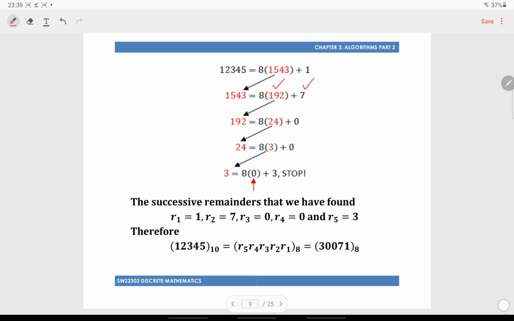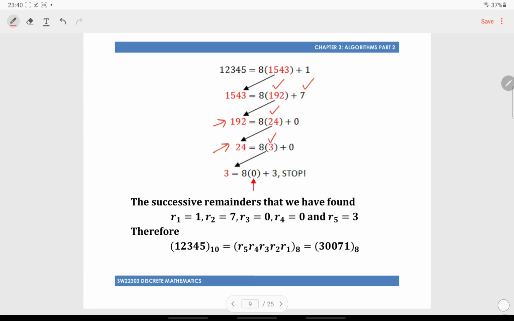This quotient becomes the new dividend. Again, we divide by the same divisor, which is 8, to obtain a new quotient 24, and the remainder equal to 0. Because the quotient 24 is not equal to 0, we need to proceed. We divide 24 by 8 to obtain a new quotient 3.